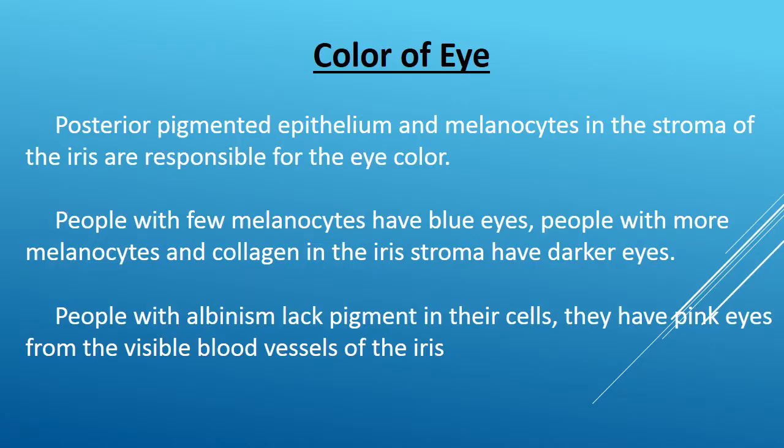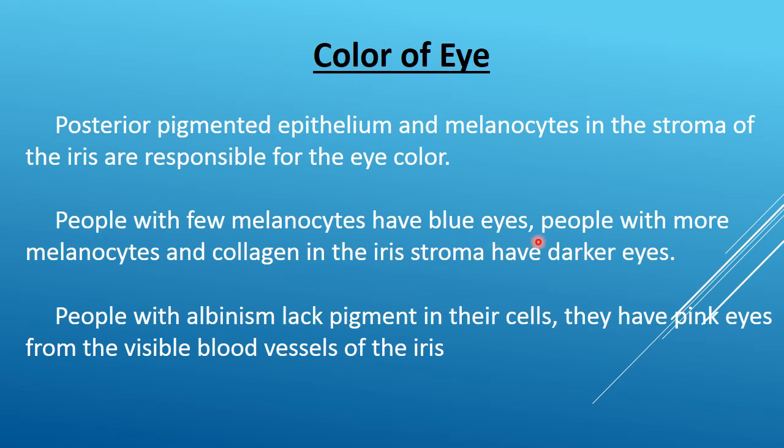Next, this is very important: the color of the eye. Definitely you have seen that the eye has different colors in different individuals. So the color of the eye depends upon the concentration and amount of melanocytes in the pigmented epithelium and in the stroma of the iris. This is responsible for giving color to the eye. People who have very few melanocytes in the stroma and in this pigmented epithelium, then the light reflected from that pigmented layer gives the iris a blue appearance.